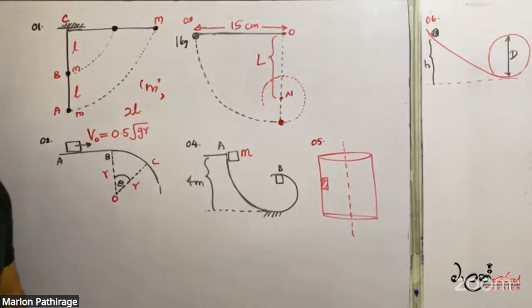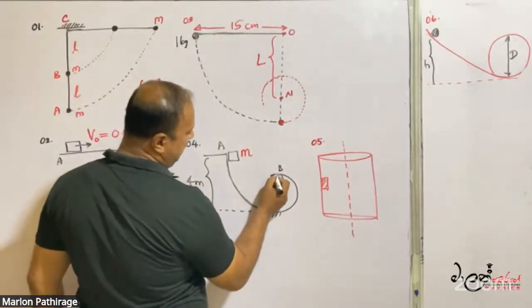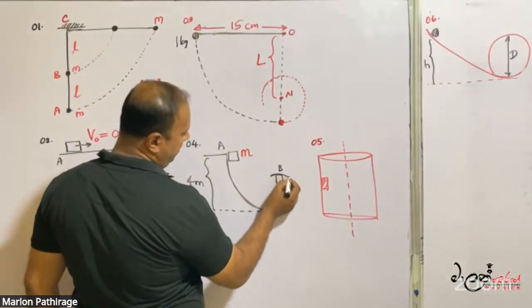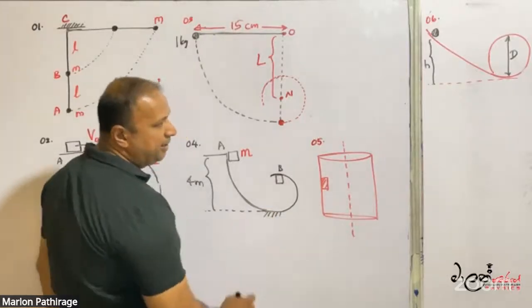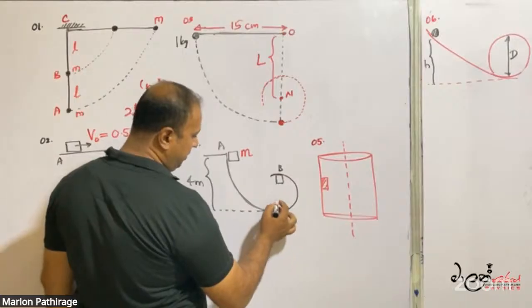The radius of the initial circle, the circular path, means this one.